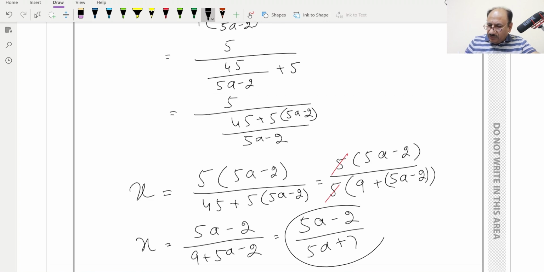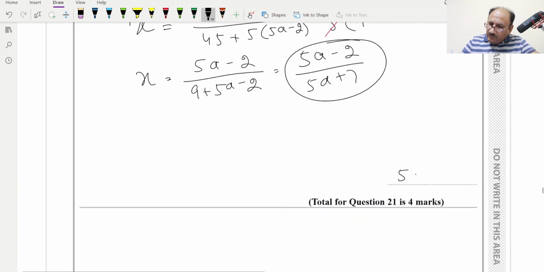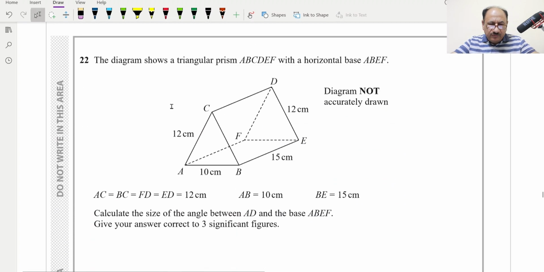This will be the final answer which we can provide over here: 5a minus 2 over 5a plus 7. Hopefully you are understanding each and everything.